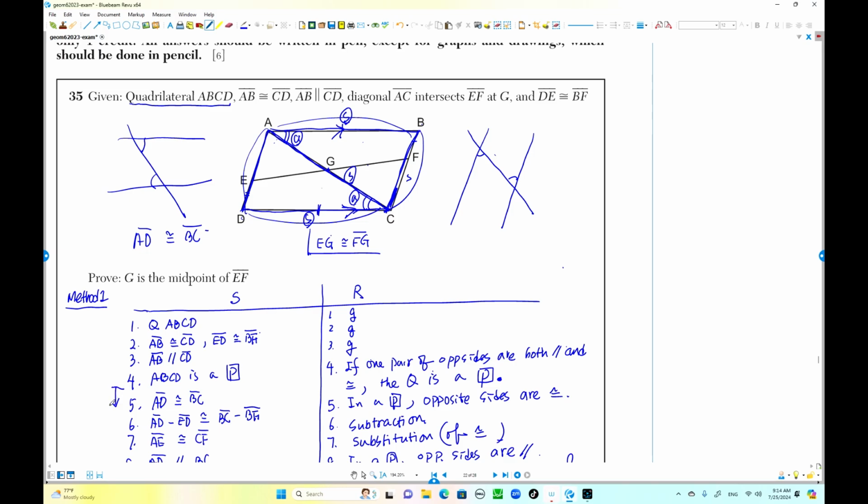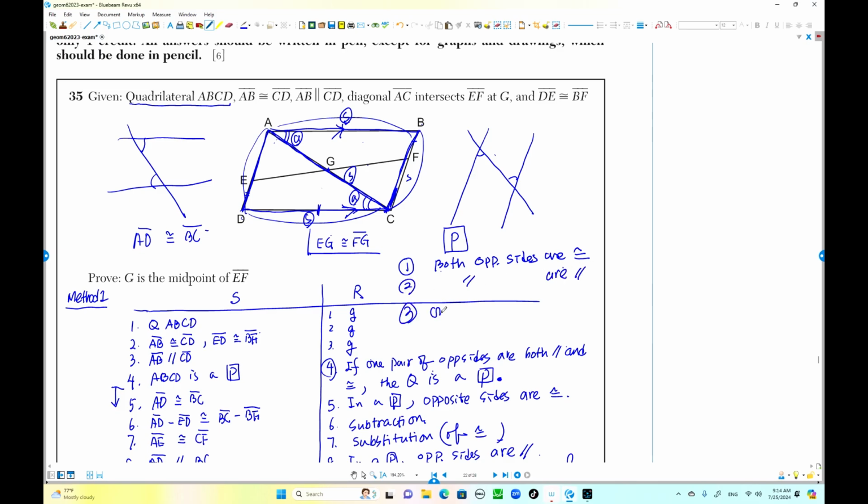So you can continue from here, but that is a little more complicated. If you know the ways for a quadrilateral to be a parallelogram: both pairs of opposite sides are congruent, or both pairs of opposite sides are parallel.